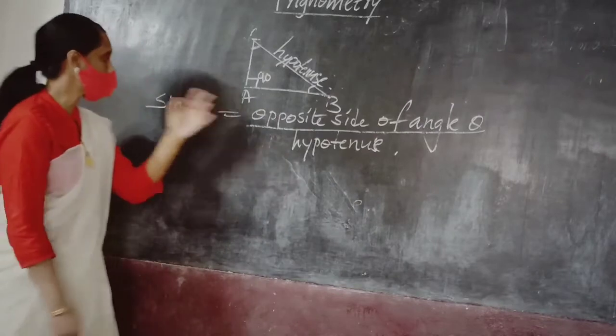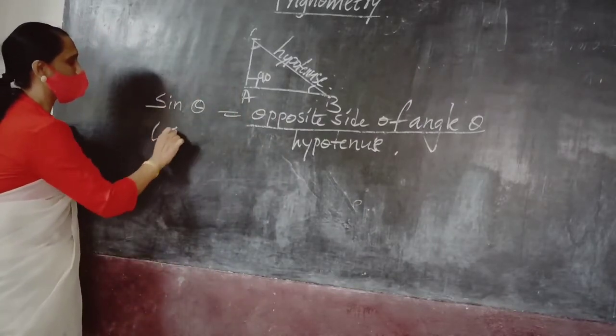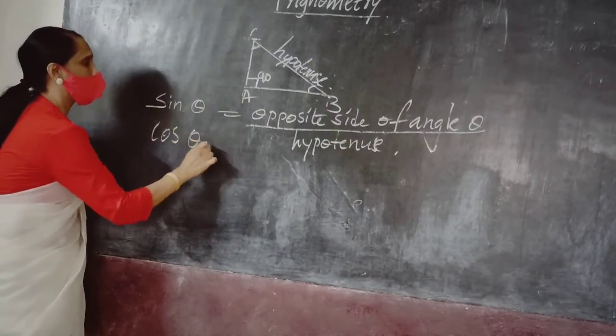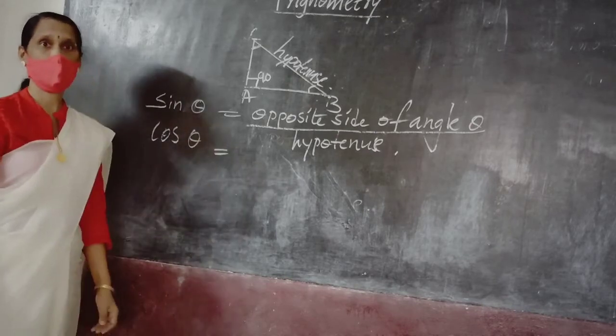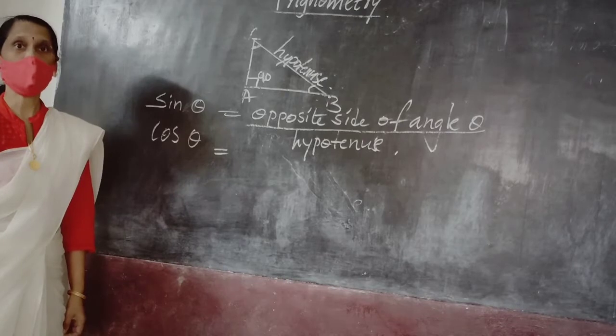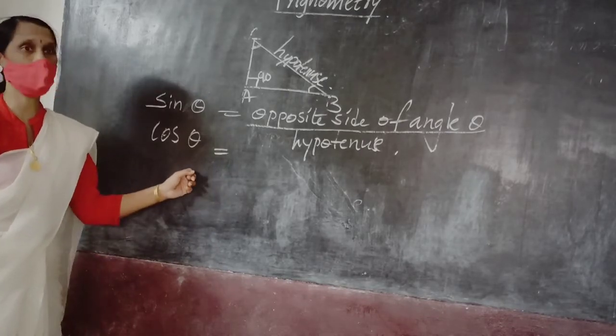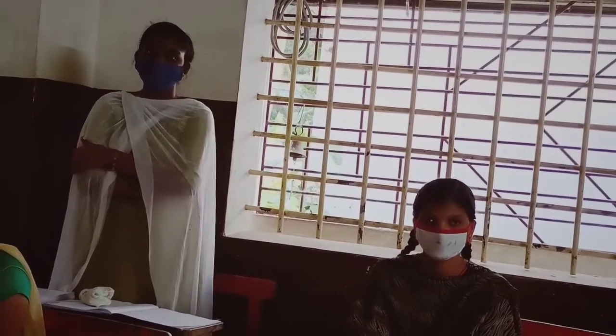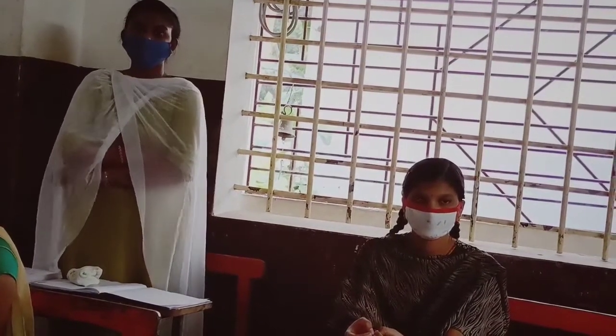In the same way, cos theta. Roja, what is cos theta? Adjacent side by hypotenuse. Adjacent side of what? Adjacent side of angle theta, because we are talking about angle theta.